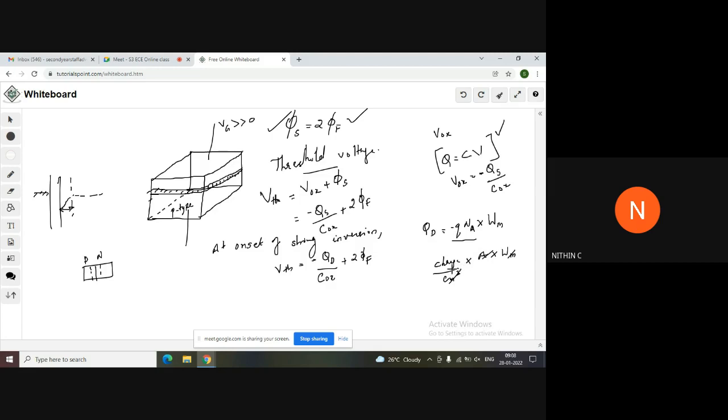We have the charge density, that is charge per centimeter cube over here. Now to get the total charge value, we will be multiplying this with A into Wm, that is the volume. This A is actually taken as 1, that's why we need not consider this. We will just multiply the term with Wm.